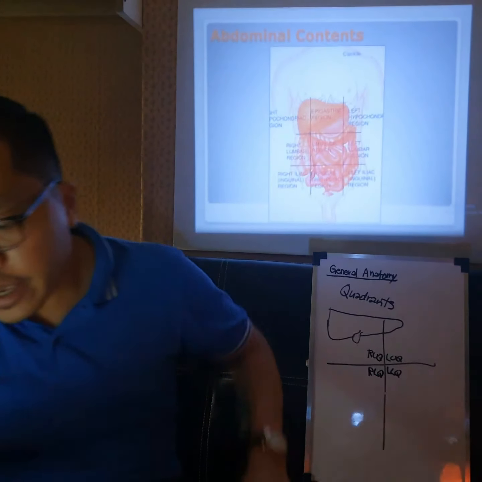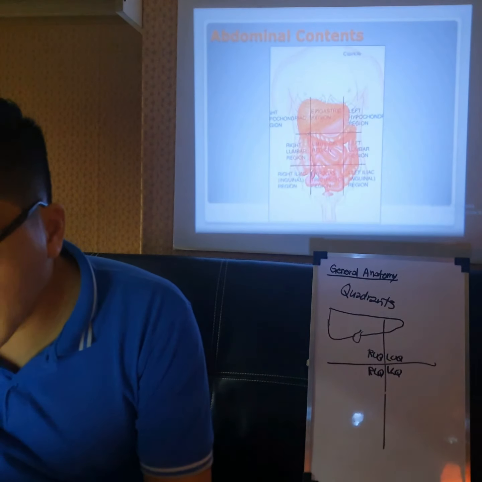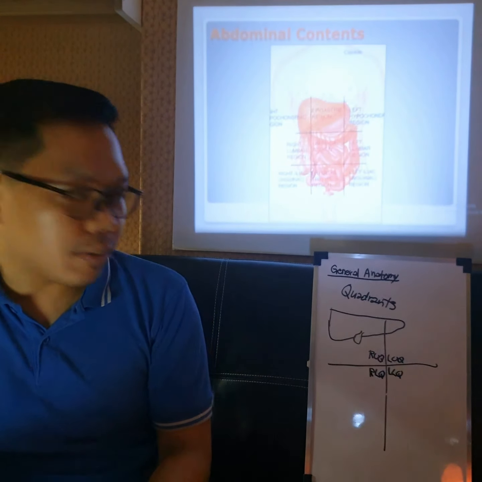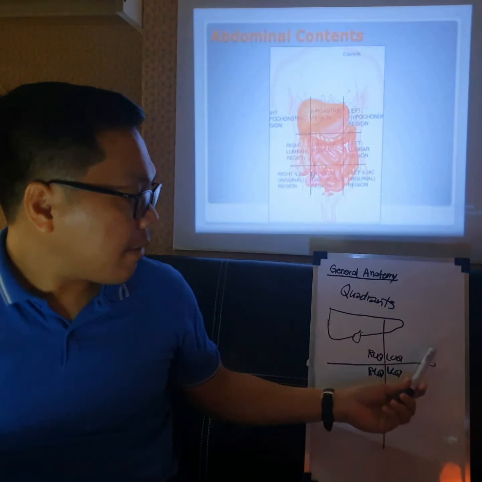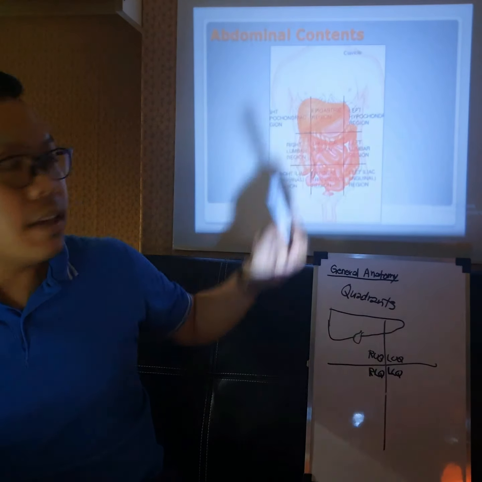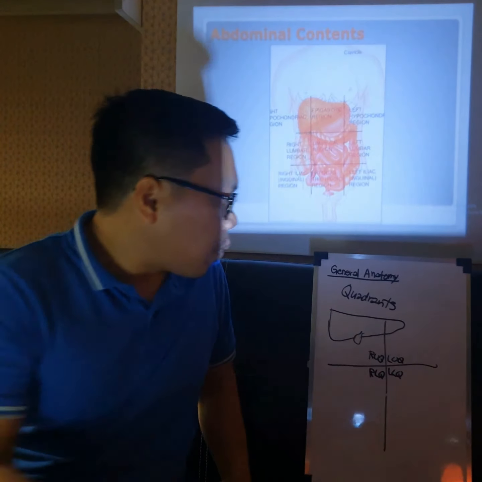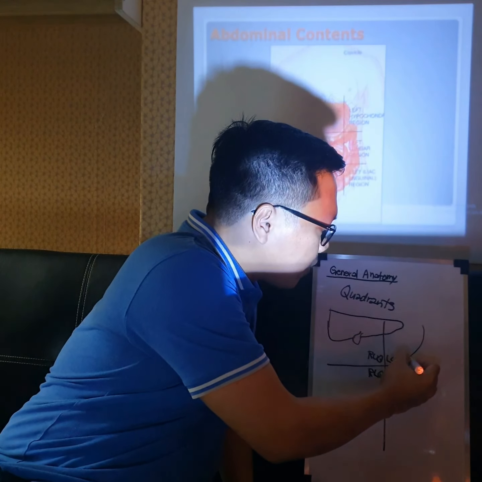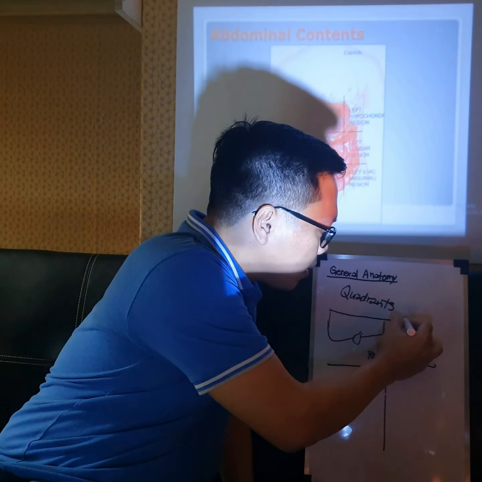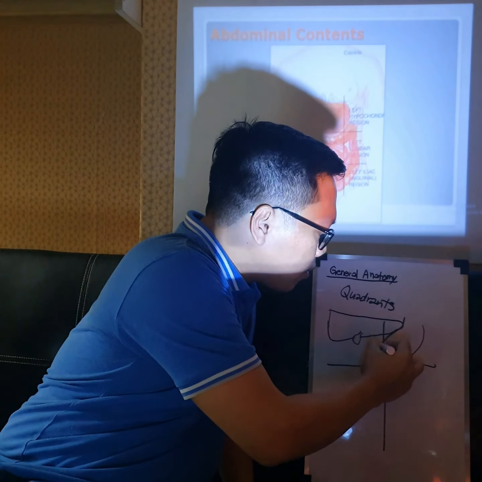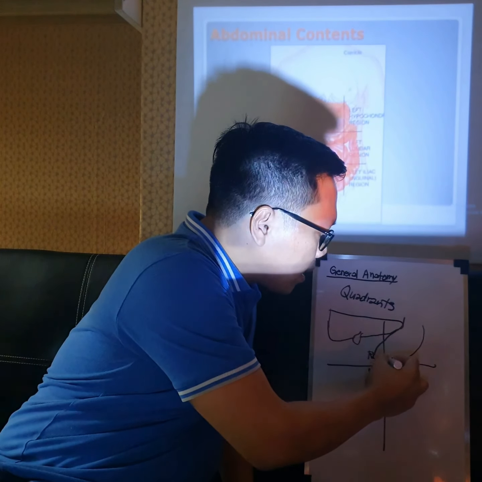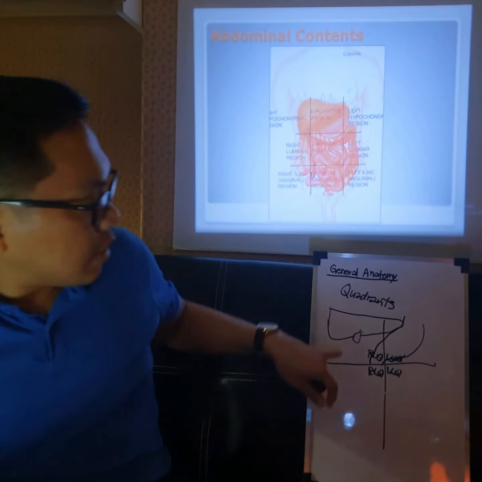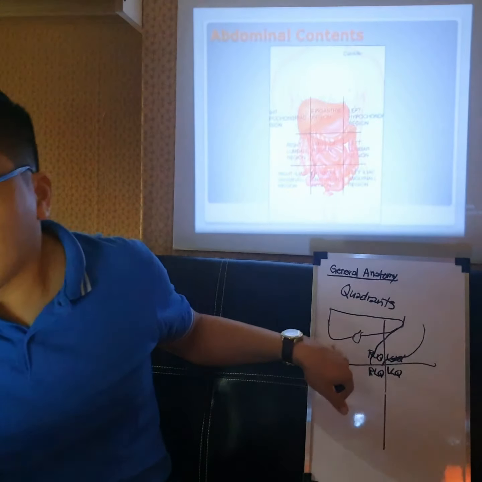Okay. Kapag tinanong ka naman, saan makikita ang stomach? Ang usual answer natin would be left upper quadrant, as what we can see here sa photo. But technically, ang stomach actually medyo passes through the midline, and some of it goes to the right upper quadrant.